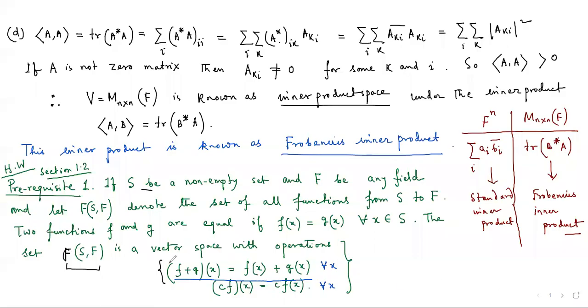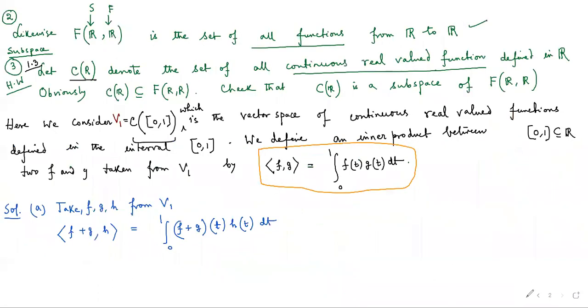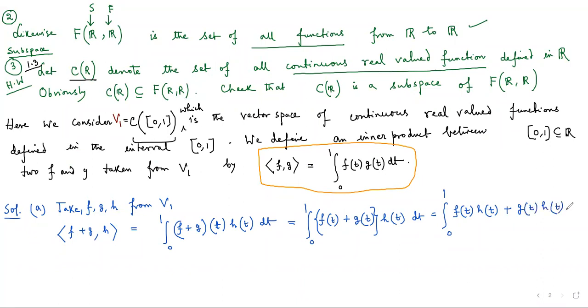Now, as we are well informed about these sorts of operations defined on the set of all functions from R to R, or on CR or on C[0,1], the vector space that I have considered, we can write it as the integral from 0 to 1 of (f(t) plus g(t)) times h(t) dt. Then you can write it as the integral of f(t)h(t) plus g(t)h(t) dt.